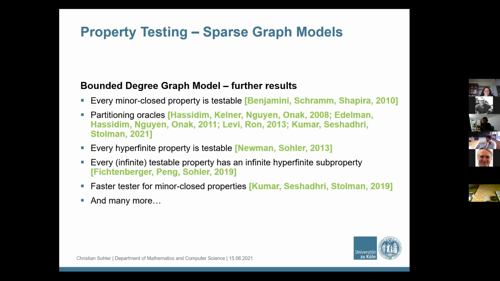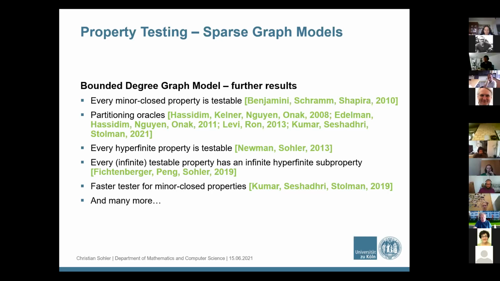So hyperfiniteness, this property of having a good separator into small connected components, turns out to be a very important part of property testing in the bounded degree graph model. There were also some recent results on obtaining faster testers for minor closed properties, and many more things.